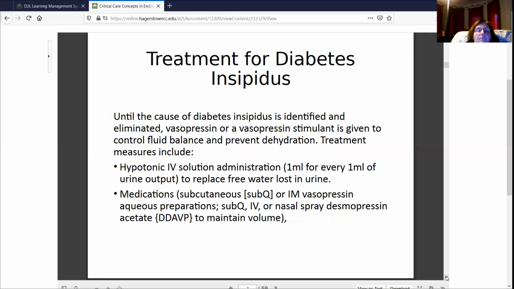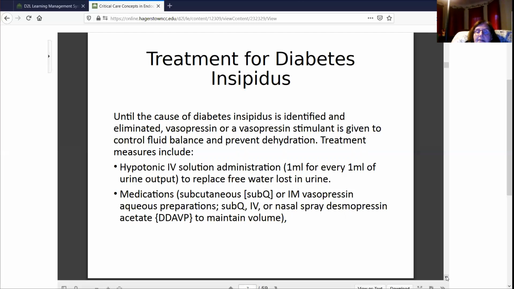So what is the treatment for it? Until the cause of diabetes insipidus is identified and eliminated, vasopressin or vasopressin stimulus is given to control balance and prevent dehydration. Treatment measures include hypotonic IV solution administration, 1 milliliter for every 1 milliliter of urine output to replace free water loss in urine. That's a lot.